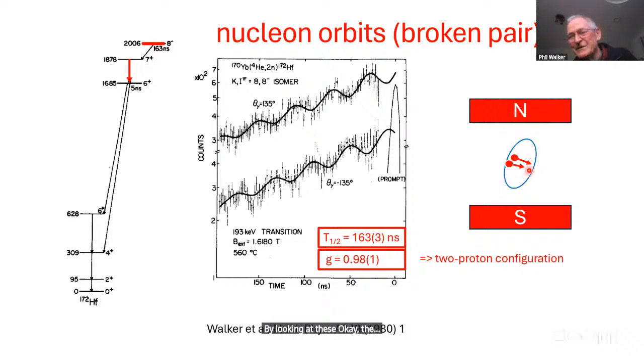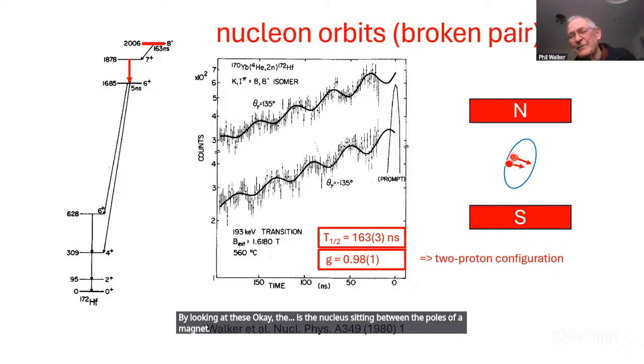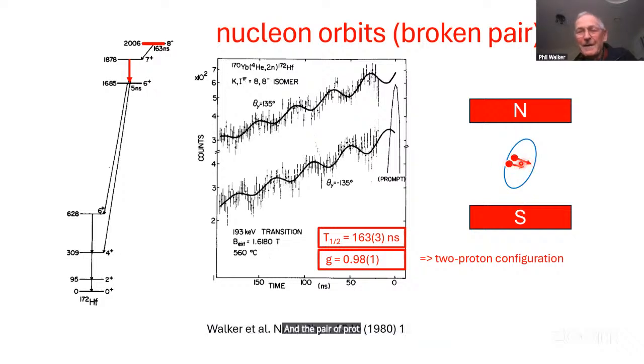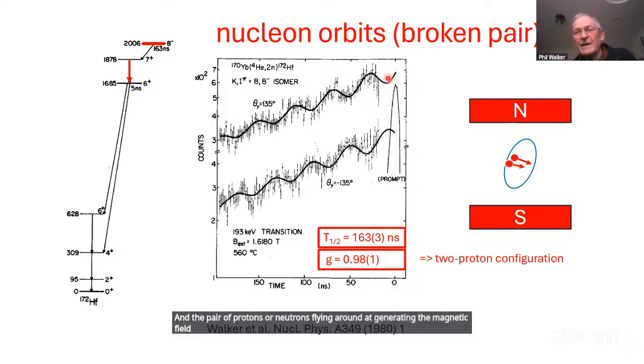Here's the nucleus sitting between the poles of a magnet, and the pair of protons or neutrons flying around is generating the magnetic field and causing the gamma ray intensity pattern to oscillate.